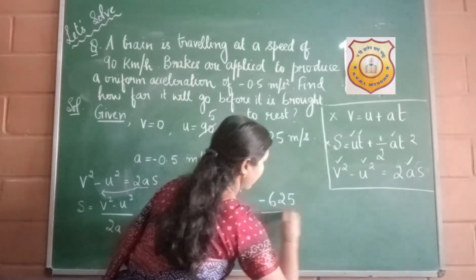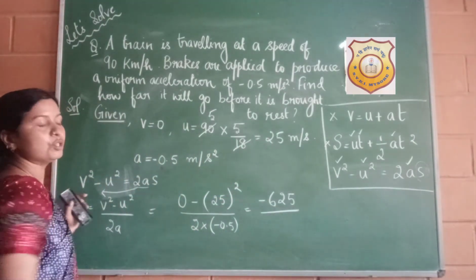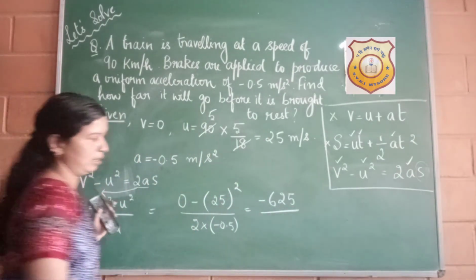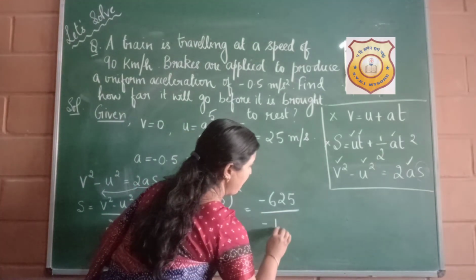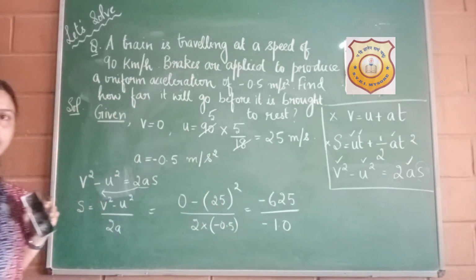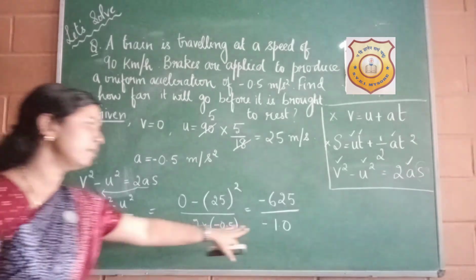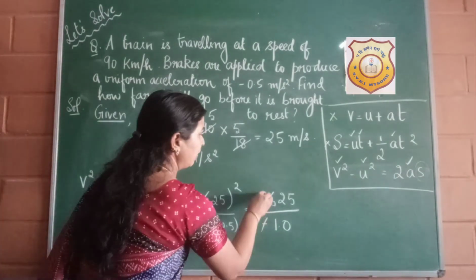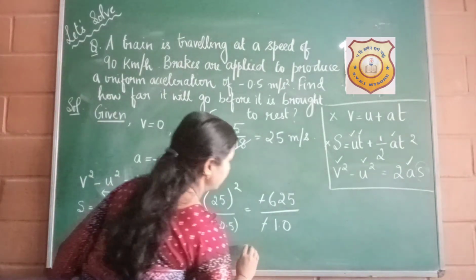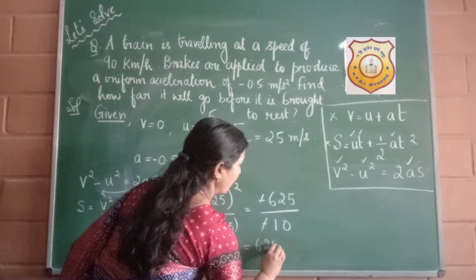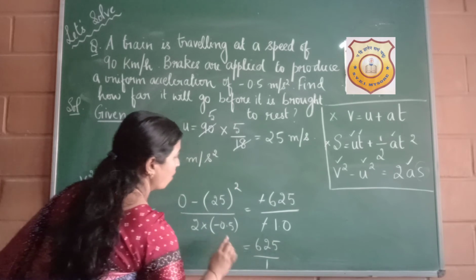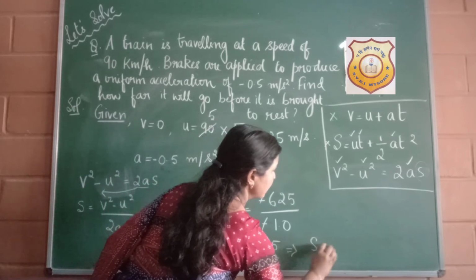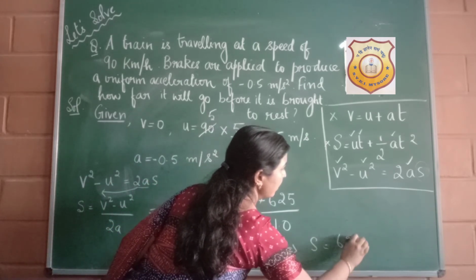By 2 into minus 0.5. Yes, it is minus 1.0. Minus 1.0 is nothing but minus 1. So the negative sign gets cancelled. It is 625 by 1, or you can write it as s is 625.